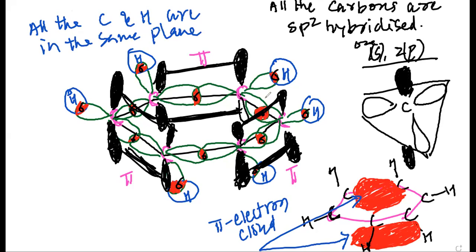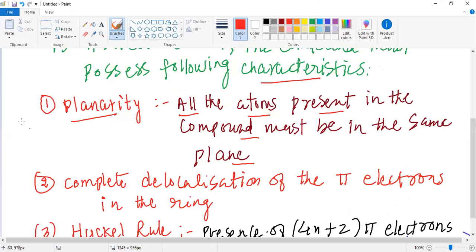So now, my dear students, what I really wanted you to understand was the planarity. You can see here that the first requirement for us is the requirement of planarity. All the atoms present in the compound must be in the same plane.